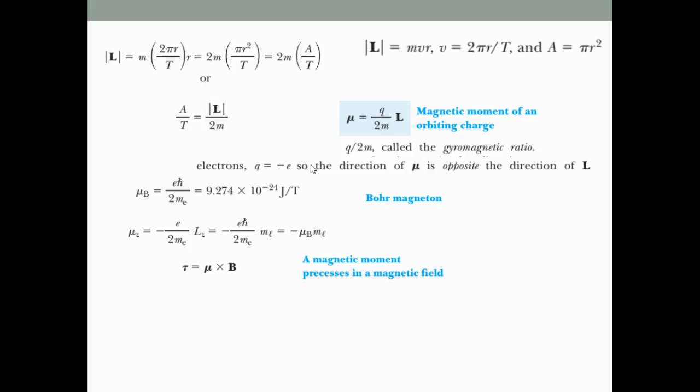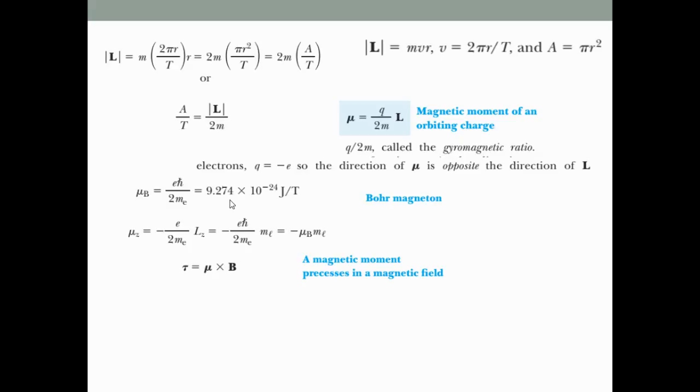It follows that the natural unit for atomic moment is the quantity e h cut by 2me, called the Bohr magneton, denoted by the symbol mu B. Its unit is joule per tesla, and its value is around 9.27 times 10 raised to minus 24 joule per tesla.